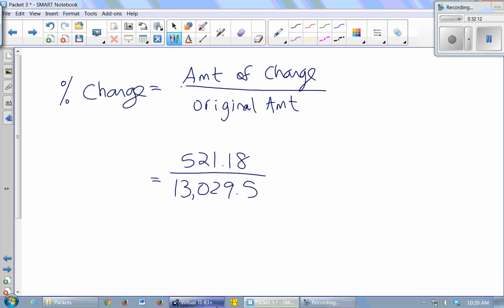And then you have to interpret whether that's an increase or a decrease based on whether the numbers went up or down. So that's another way to get percent increase and decrease. This is actually kind of my favorite way. I should write this formula in the notes next time.